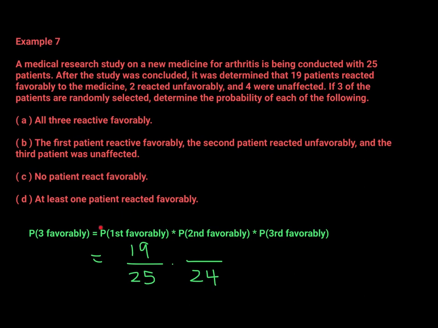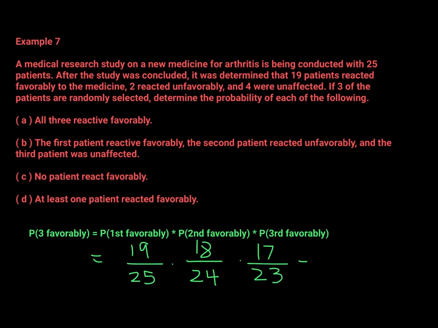This event occurred, that we have selected a patient at random, and that patient has reacted favorably. So that means there's no longer 19, but now there's 18 times. Now, for the third patient to react favorably, now there's 17, right? And there's 23 total patients altogether.